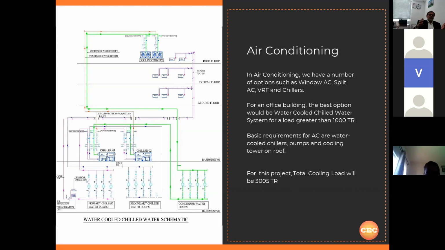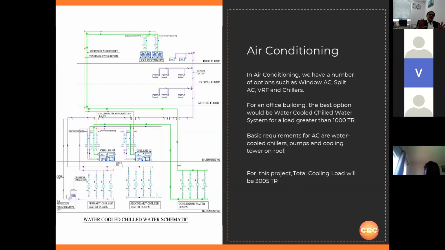Say in Dubai, we have a house or a space of 1000 square feet. For 1000 square feet in Dubai, we'll need say 5 ton or 5 TR as a load. But the same 1000 square feet, if I have an office in Istanbul, I will need only 3 ton or 2.5 ton, half the capacity, because we don't have those extreme conditions.